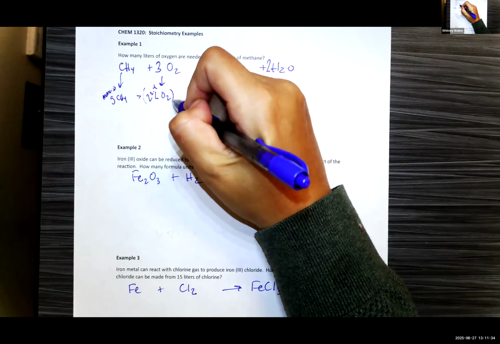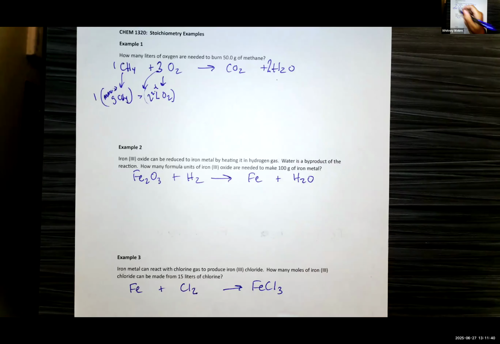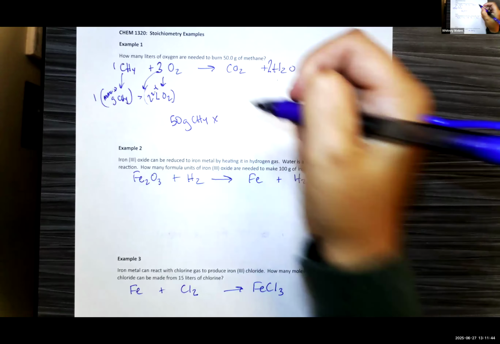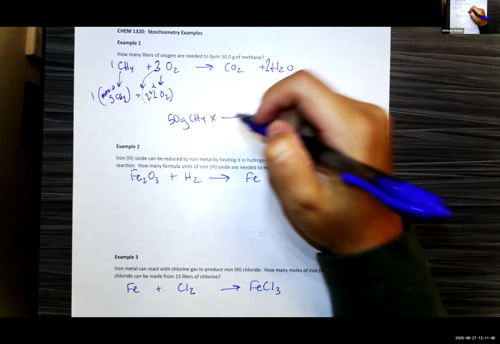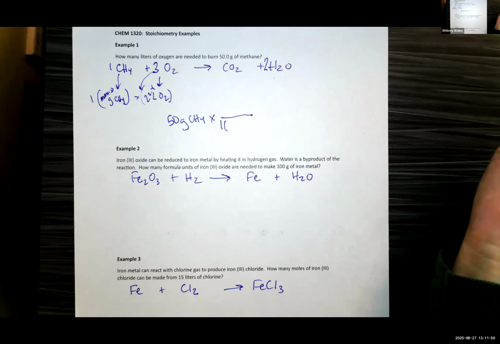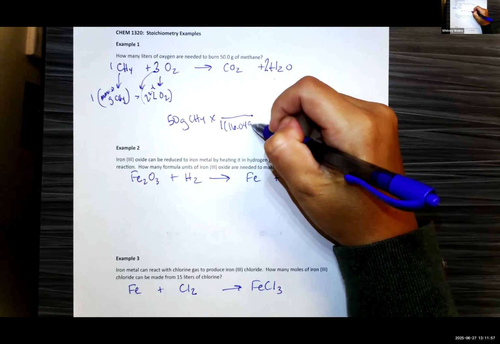And then you have to make sure you bring down the number out front. So 50 grams of CH4, and I want the CH4 on the bottom. So 1 times the molecular weight of CH4, 16.04 grams.